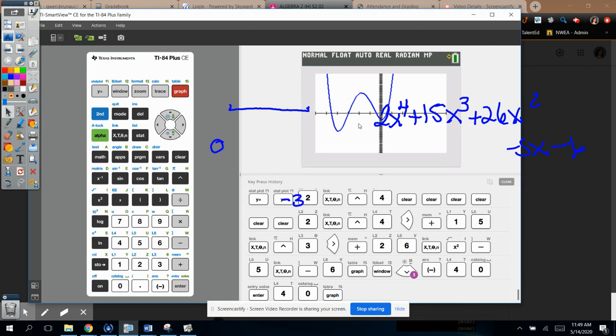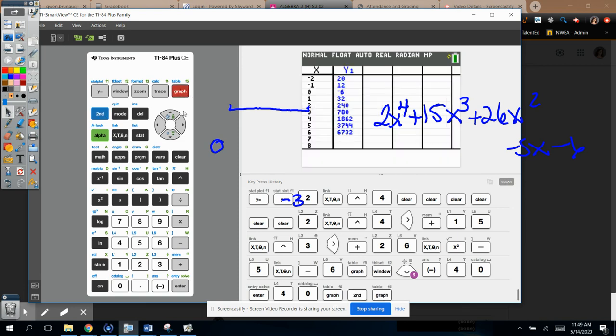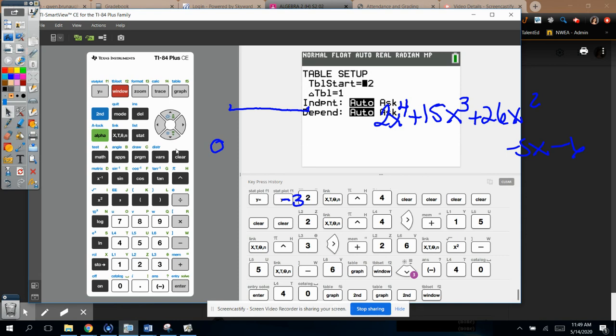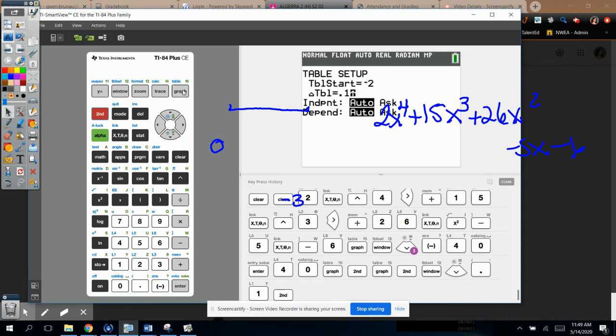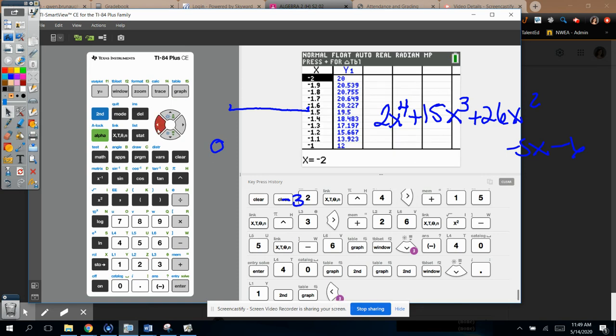Okay, so we're curious about these in-betweeners. You can do the second calculate 0, or you could go to your table and change it to go by 0.1s or something, because you're looking for another x-intercept.